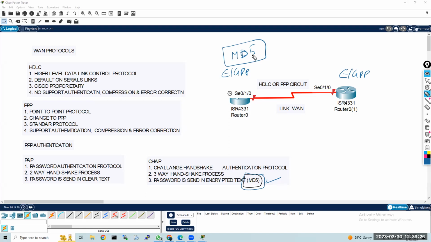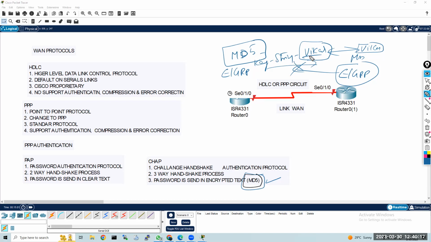If you give authentication, we give the user ID and key string value, for example Vikas. If you configure MD5 here also, then only they will exchange their updates and form the adjacency. Otherwise, no. If the key matches at both sides, Vikas and Vikas, then only they will exchange and form the adjacency.